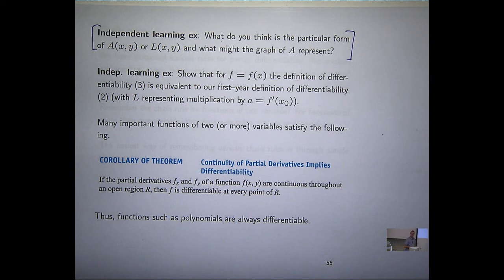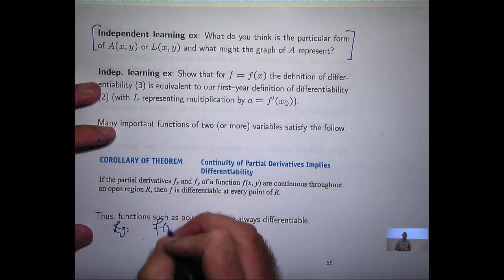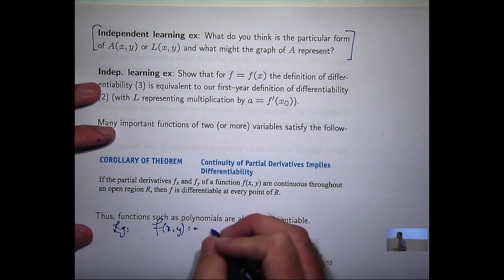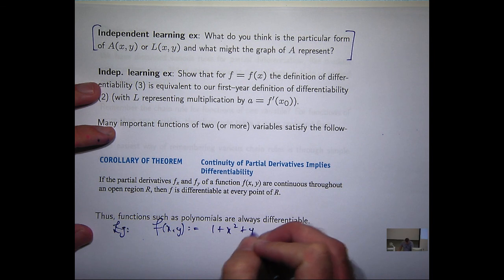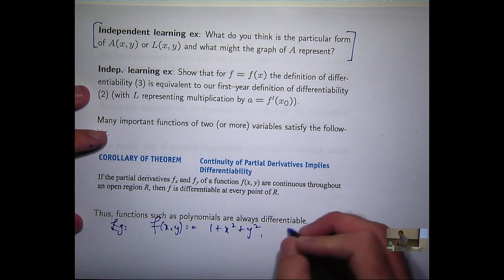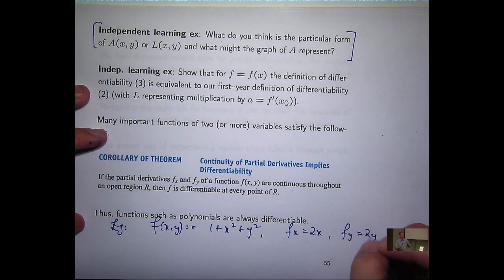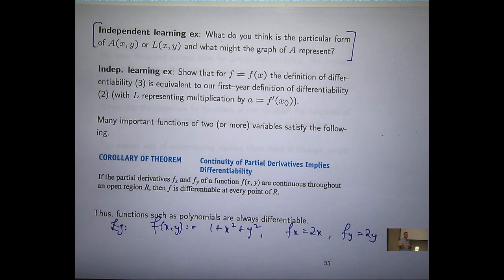Let's say I had something like this, 1 plus x squared plus y squared. The partial derivatives, are they continuous functions? They're continuous everywhere, right?